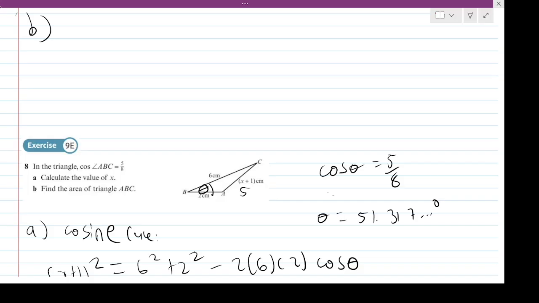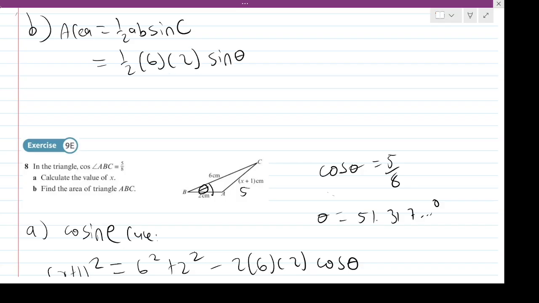So we're in the case where we have two sides, 6 and 2, and the angle between them, theta. So the area is a half AB sine theta, or sine C in general. But then with the two sides it's going to be half times 6 times 2, the sine of theta.